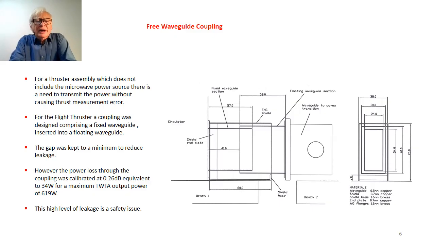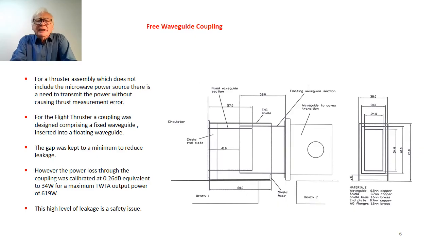And during calibration, we found the loss across this waveguide coupling typically was 0.26 dB, which, if you're on maximum TWTA output power of 619 watts, meant you were actually losing 34 watts out of this waveguide coupling. And this was clearly a safety issue.